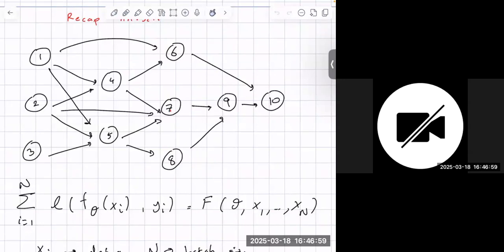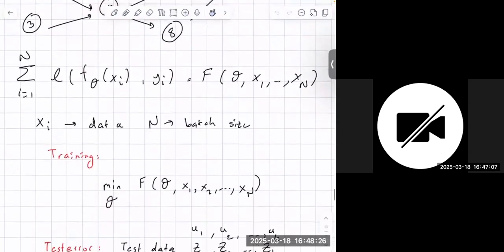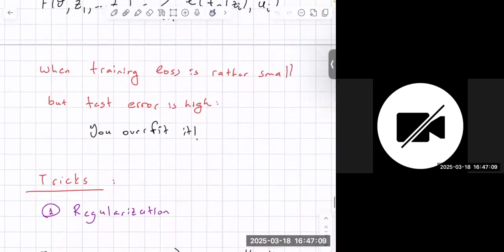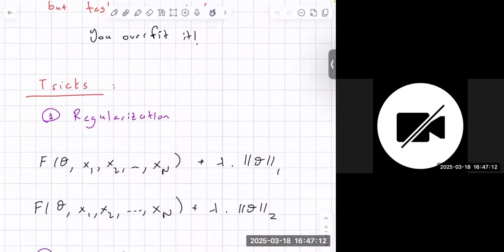Just let it run a day or two, then it gives you the results. Basically all of them are empirical. For example, for this lambda in the regularization, the standard technique is basically cross-validation. You keep trying to see what is the best lambda.